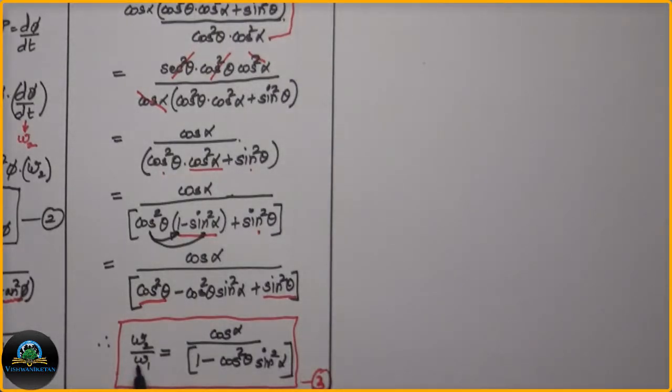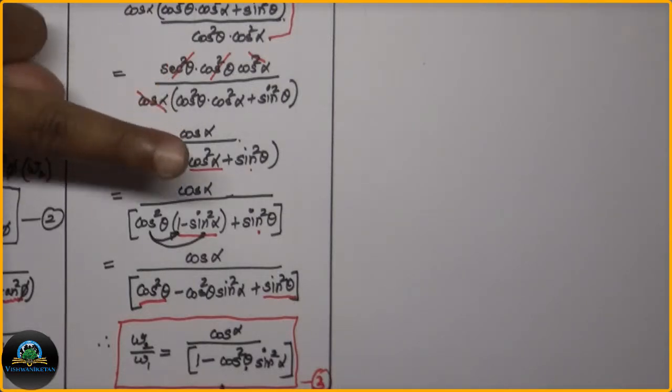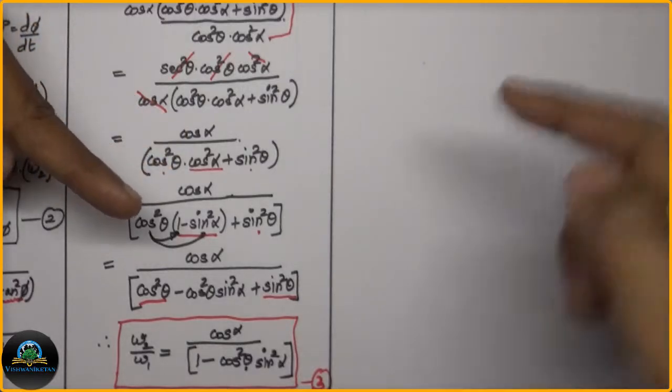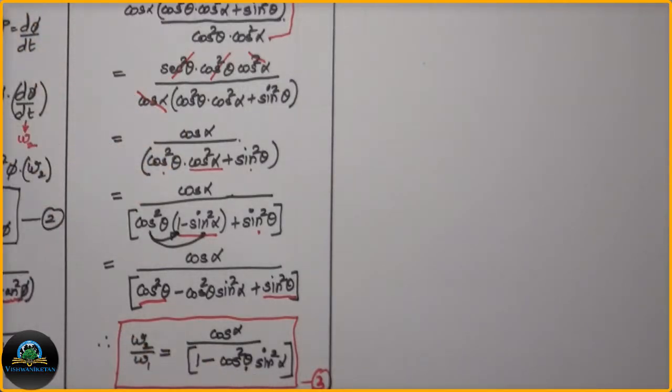So omega 1 is a constant, alpha is a constant. We have managed to get angular velocity 2 of the output shaft directly depending upon the rotation of the input shaft. So as the input shaft angle theta changes, output shaft speed changes according to this rule.